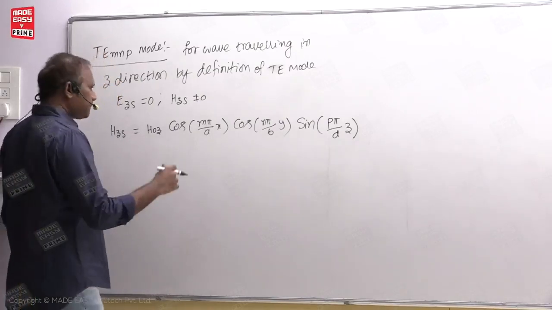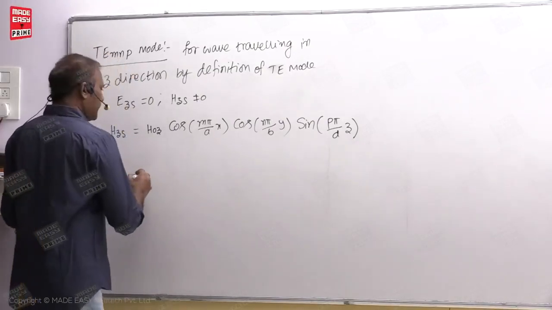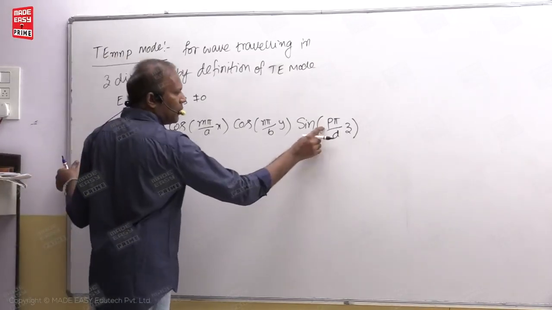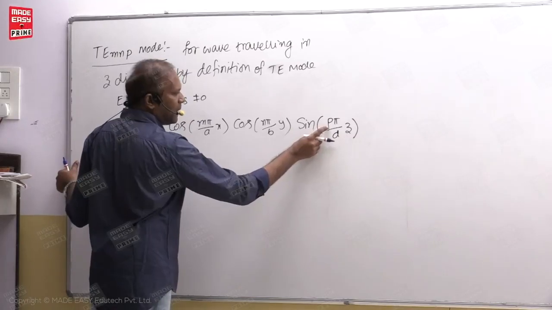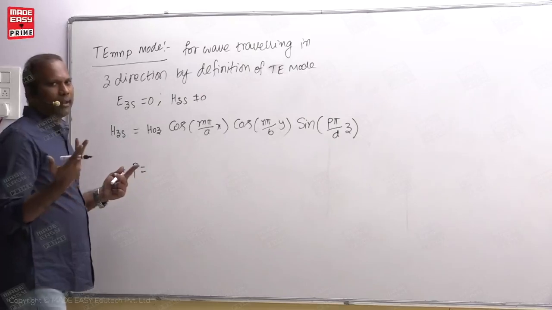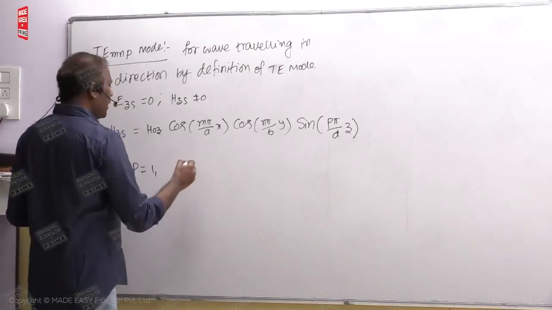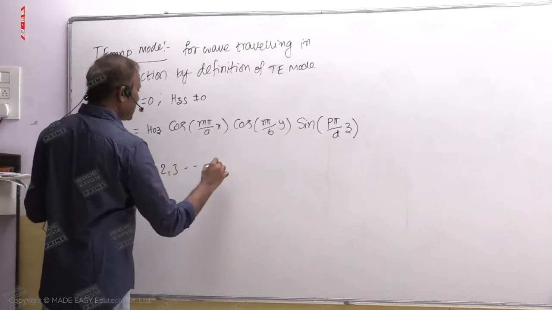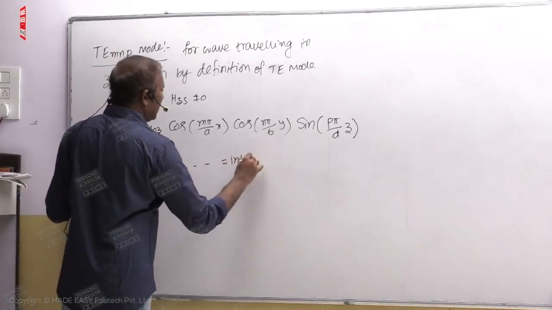So here, dear students, P is equal to, you cannot put 0 here. If you put 0, P is integer actually. If you put 0, this becomes 0, then no component, no fields at all. So P value is permitted only 1, 2, 3, and so on. So this is integer.